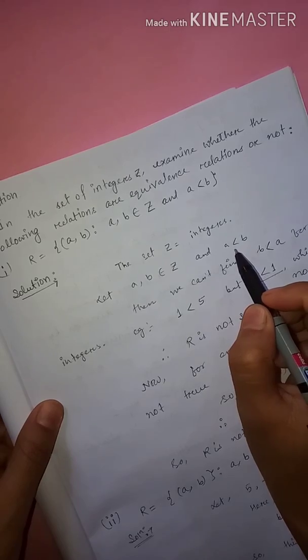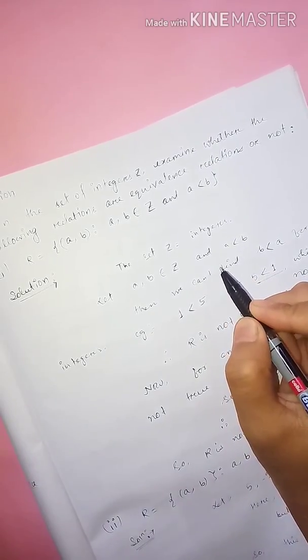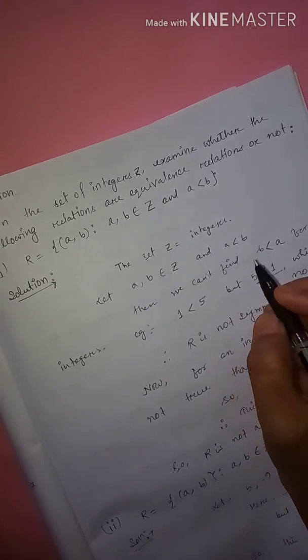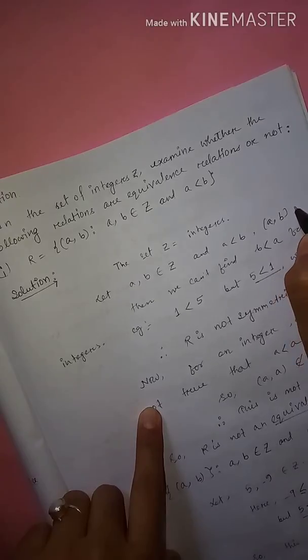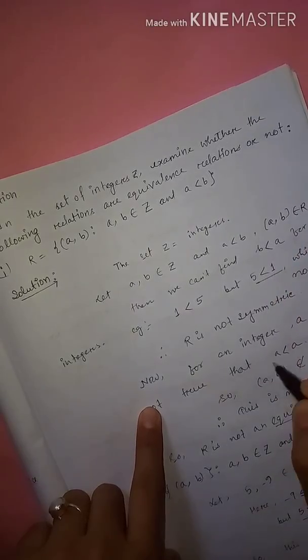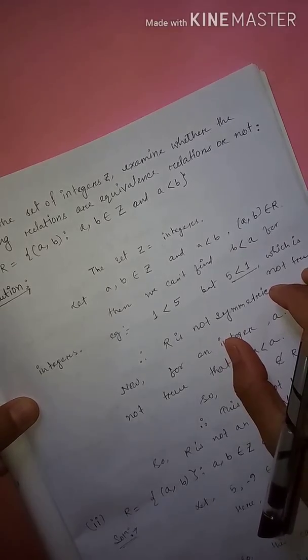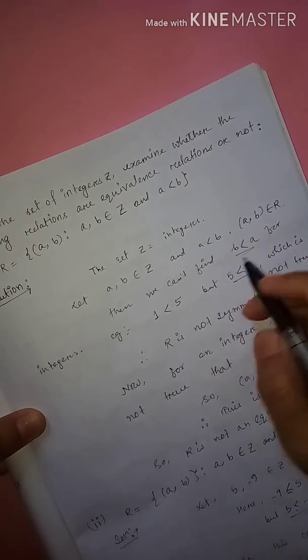That means there is an ordered pair (a, b) belonging to this relation R. But we cannot find b less than a for any integers. This is very obvious, right?